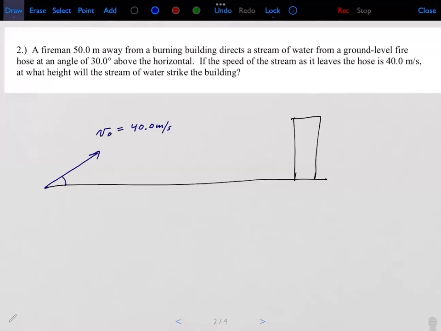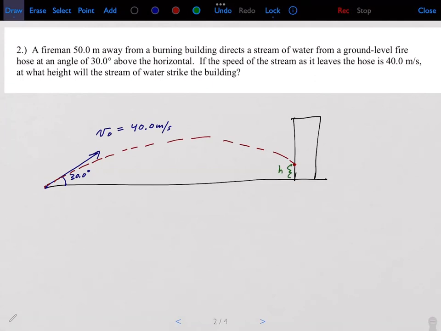And we know this angle is 30 degrees. And the stream of water is going to rise to a peak and then at some point hit the building here. And we want to figure out how high above the ground it strikes that building. So we want to figure out this height here, that h.